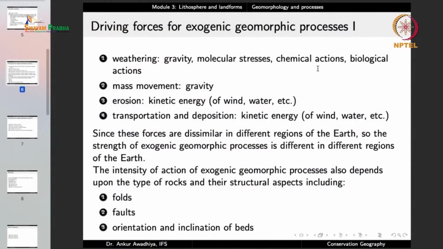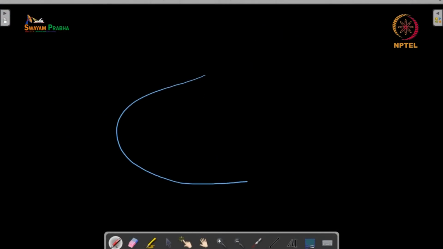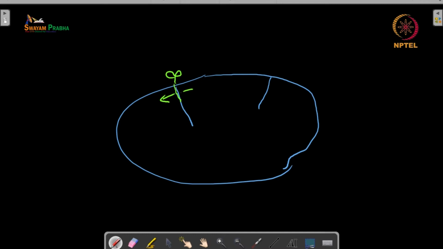Similarly, biological actions. Suppose you have a rock and in this rock there are certain cracks, and suppose a plant comes up. So, there is a plant that is now growing here. The roots have entered inside. Now, the roots, when they are growing, exert a force in the outward direction.